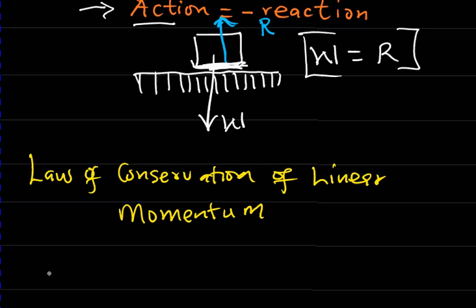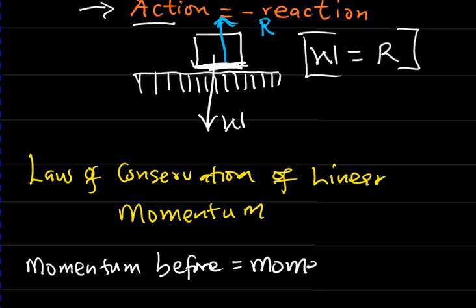To simplify this, whenever a collision takes place between two bodies, the momentum of the bodies calculated before the collision is equal to the momentum after the collision. So the momentum does not change.